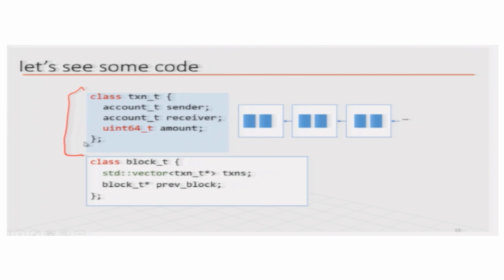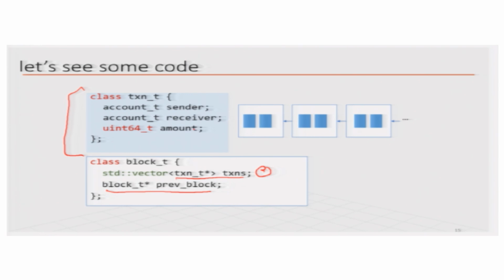Now, we have to also represent blocks. So, what is a block? A block is actually a collection of transactions, and then it has to have a pointer to link the previous block, right. So, it has 2 elements. One is a vector of transactions. A vector is basically, you can think of it as an array of transactions, although it has a lot more interesting properties than arrays. So, it is actually a list of pointers to transactions of this type, right.